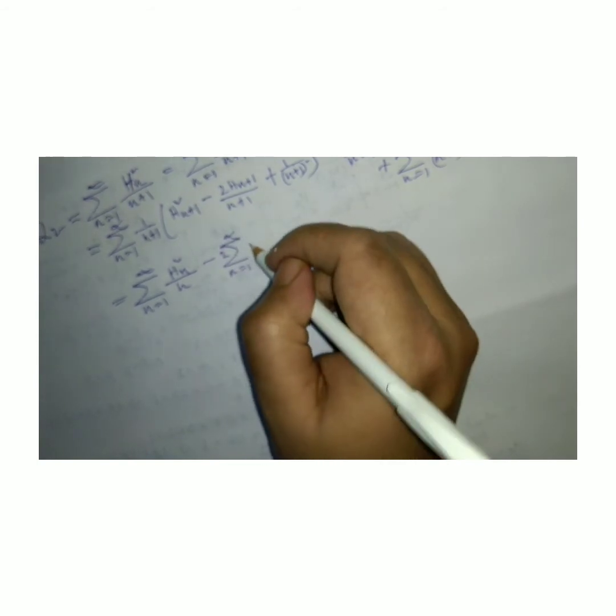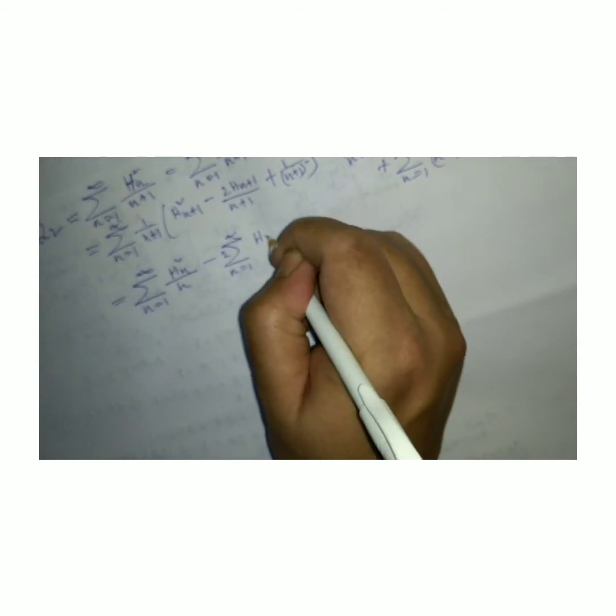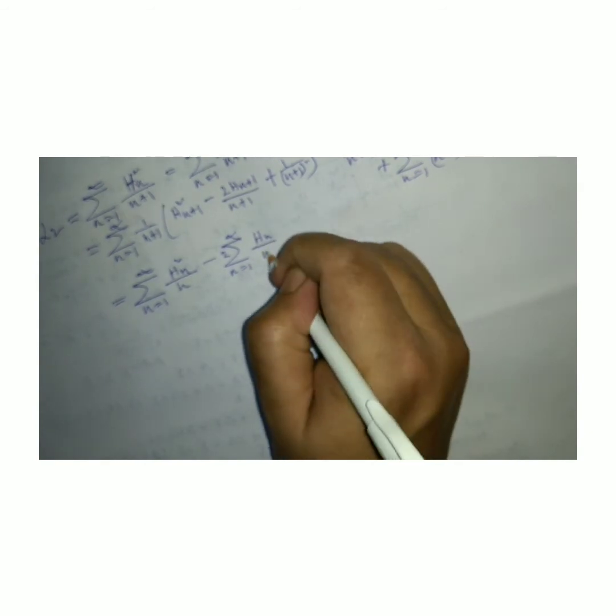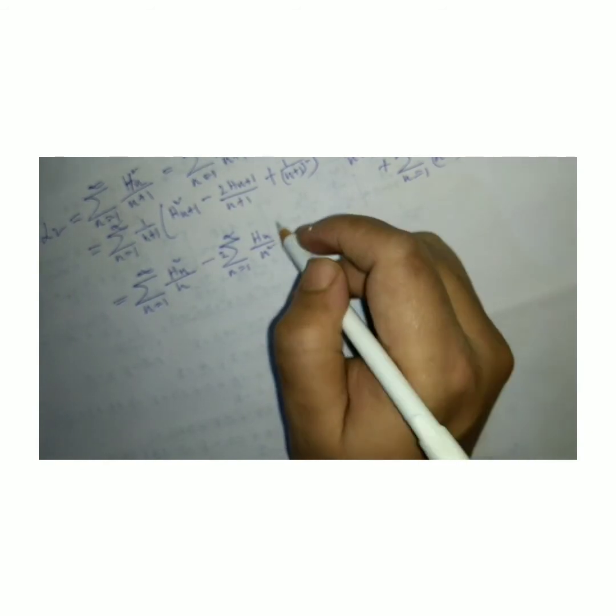So I can represent this in this way: summation n equals 1 to infinity H squared n divided by n, minus 2 into summation n equals 1 to infinity H n by n squared, plus zeta 3.